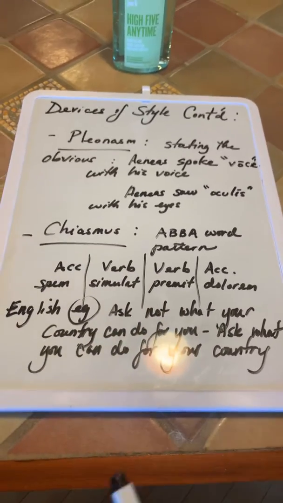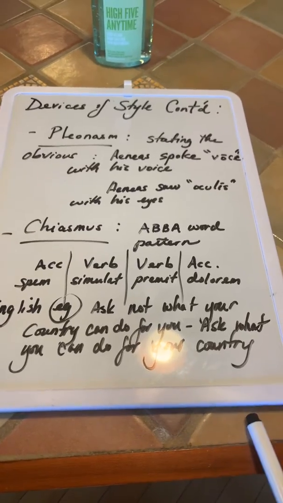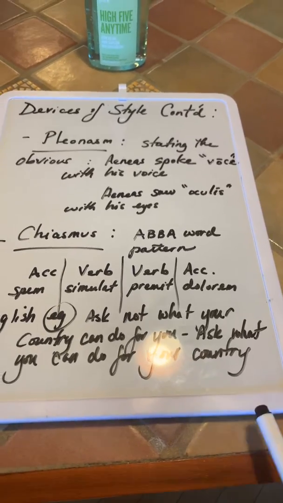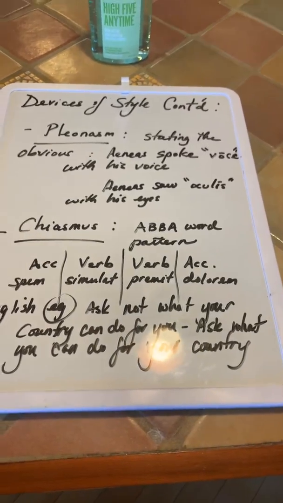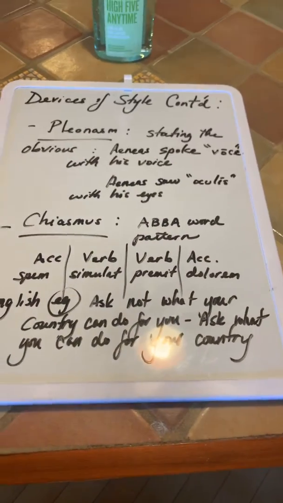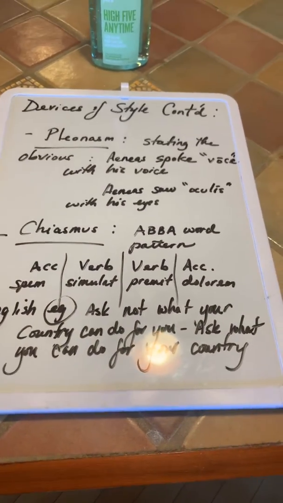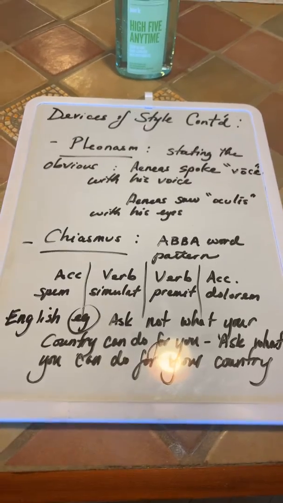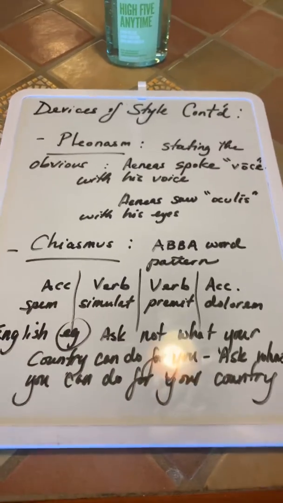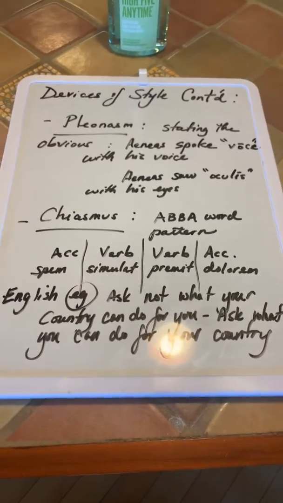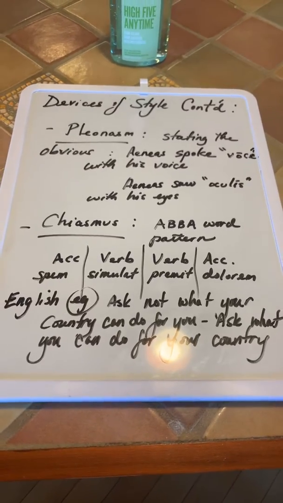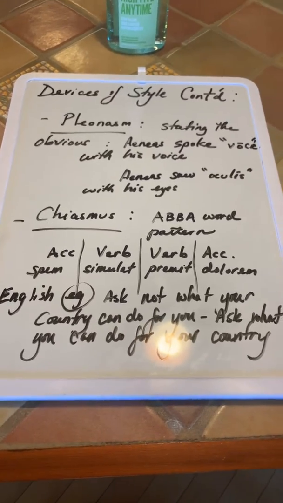So an English example of that would be, ask not what your country can do for you, ask what you can do for your country. It's inverting, and again, it's kind of a cool way to state your case, make a point. And in Latin, it just kind of looks cool.